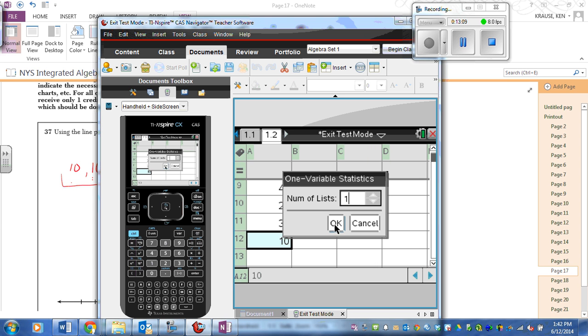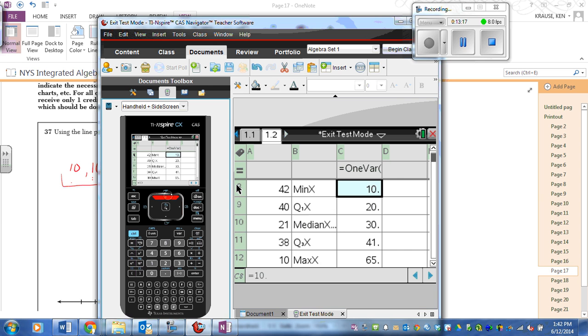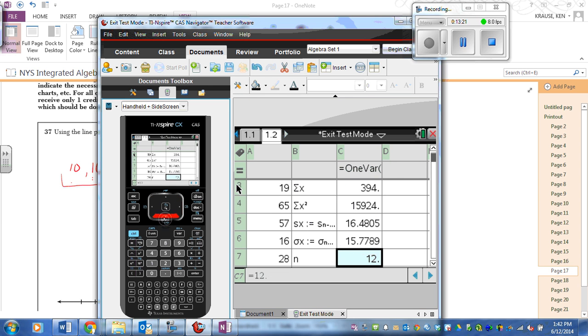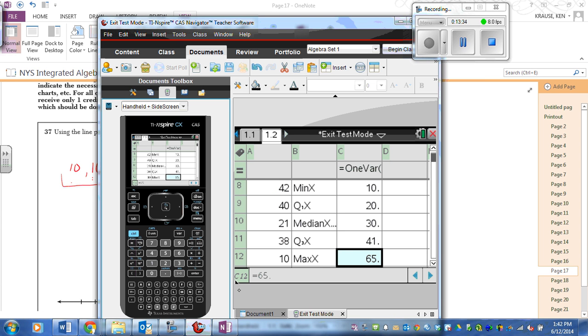We're going to have one list, it's in A. So quartile 1 is 20. Minimum 10, 20, 30, 41, 65, perfect.